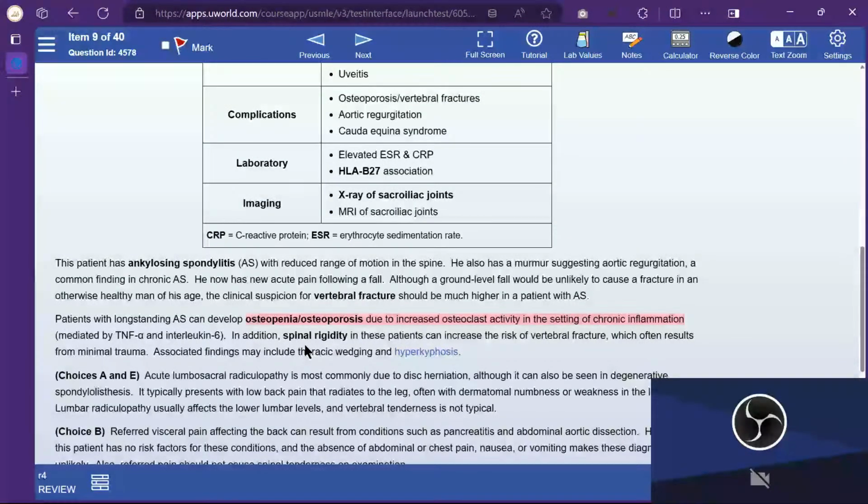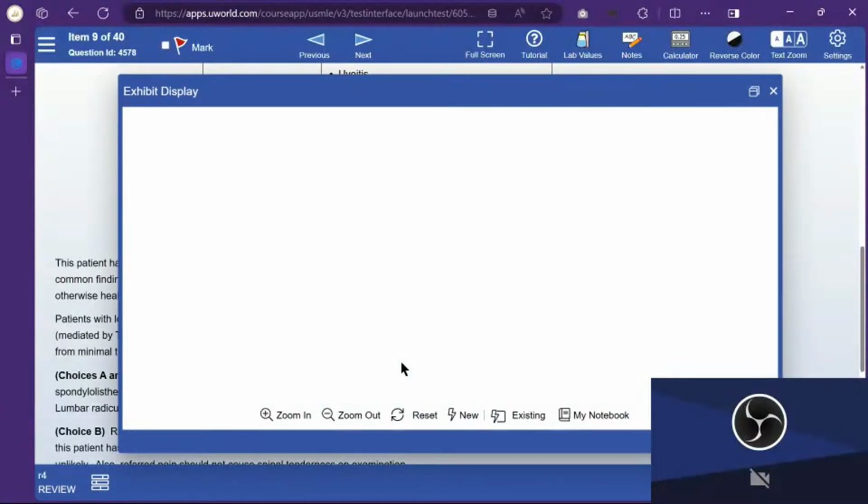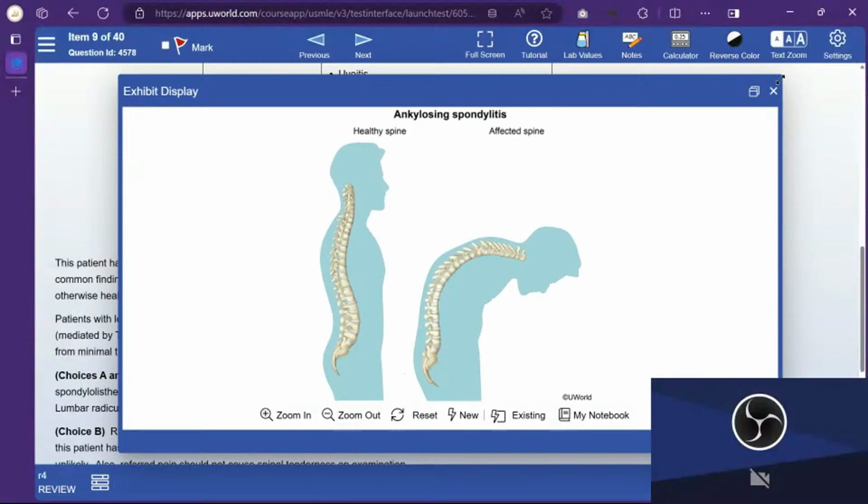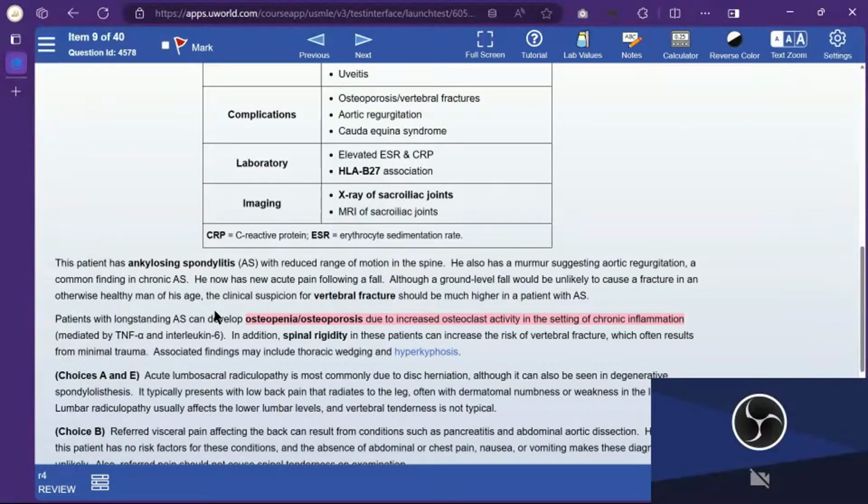In addition, spinal rigidity in this patient can result from minimal trauma, along with findings of thoracic weighting and hyperkyphosis.